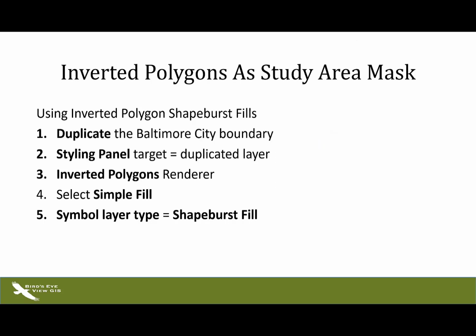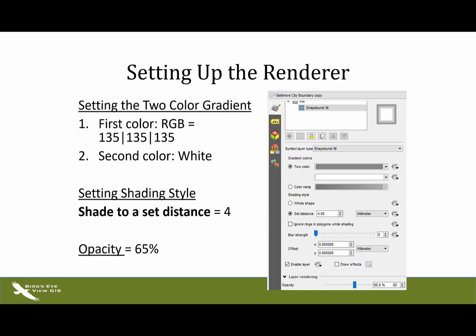So again, you're going to duplicate the city boundary, give it an inverted polygon renderer, and a Shapeburst fill tied to that. And then the first color is going to be a gray, 135, 135, 135 in this example. And you're also going to want to make sure that that opacity slider, when you set that color, is fully opaque.